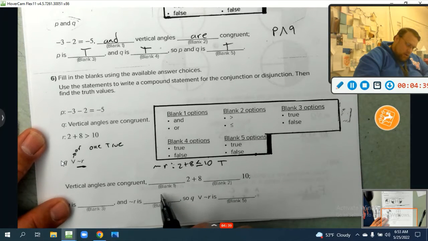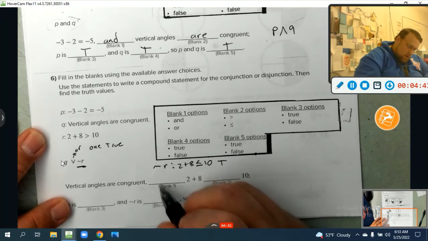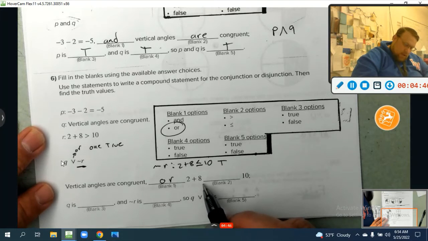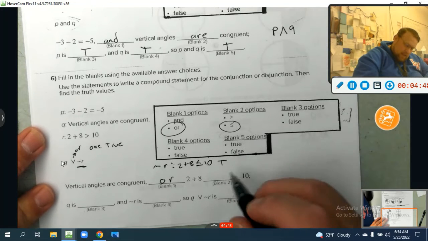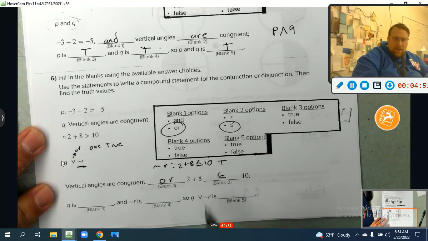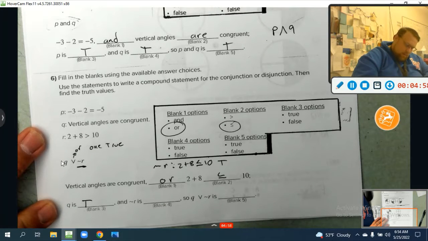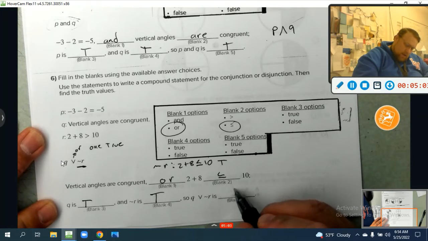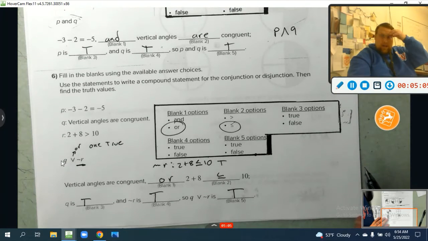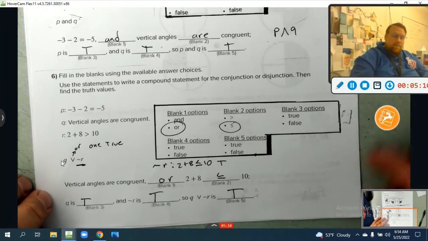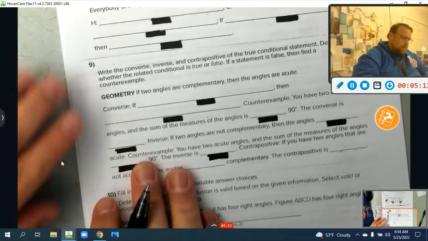Vertical angles are congruent. Or, right? This one's an or statement. 2 plus 8, oh, we got to fill that in, is less than or equal to 10. That's kind of advantageous that we wrote that. So that's the opposite of greater than. Q is true. We already established that earlier. And not R is also true, right? So Q or not R is true. And really only one had to be true, so Q or R would have been true, but it's extra true now, right? Awesome.